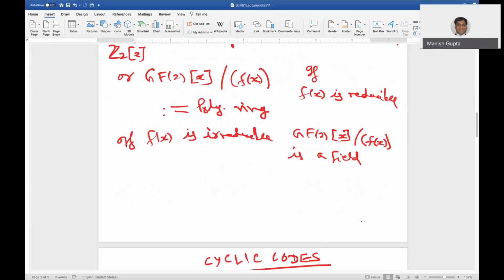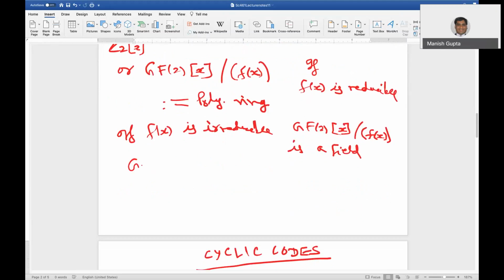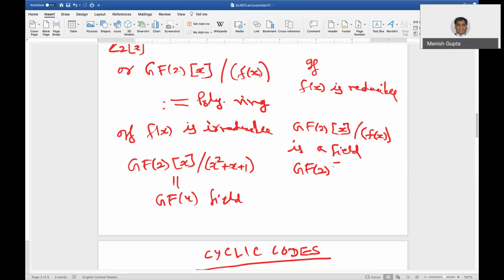As an example, if we take GF2[x] modulo x square plus x plus 1, this is an irreducible polynomial over GF2. We remember this is nothing but a field, GF4, a field with 4 elements. However, if we take GF2[x] modulo x square plus 1, this is not a field.